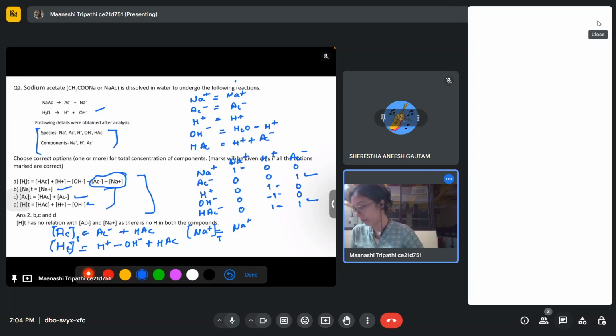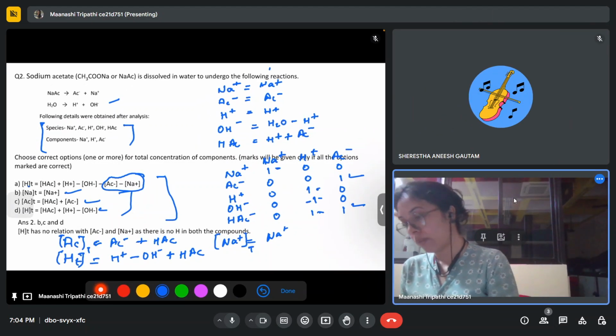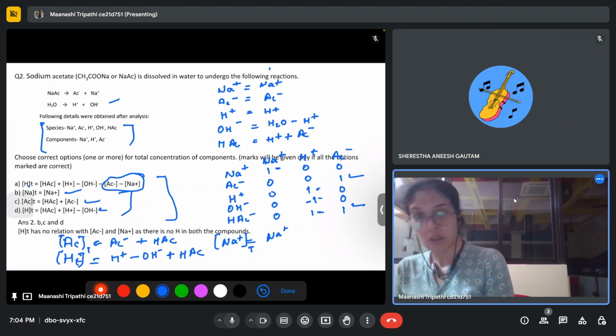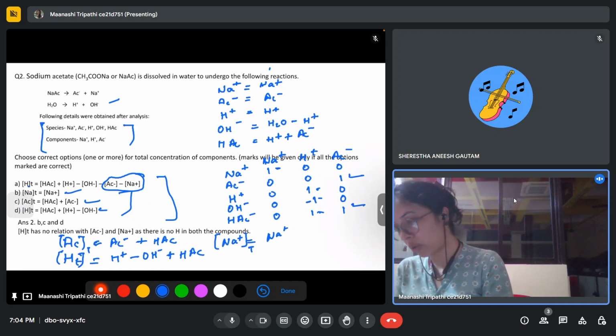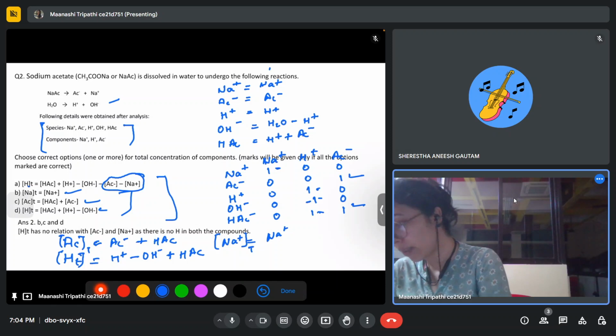That's why. Okay, now you understood. You had not given option C as the solution, but look at option C. When we do it for Ac, only two things are needed, Ac and HAc. That's why option C is also correct.